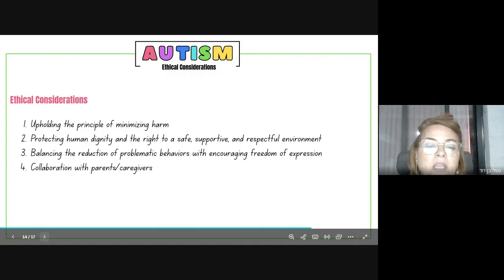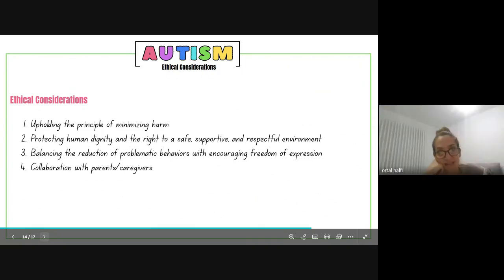It must be ensured that both children and adults with autism are treated with respect for their rights, preserving privacy, making treatment decisions in consultation with parents or legal guardians, preventing social exclusions based on behaviors.